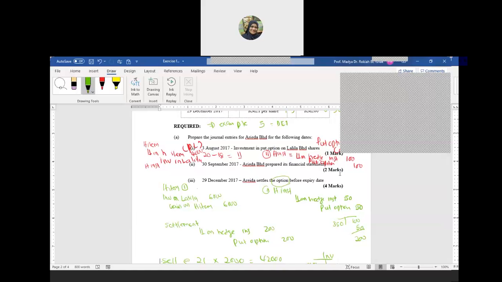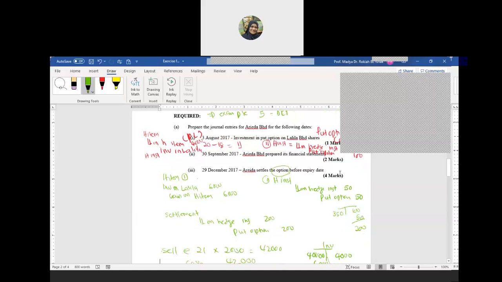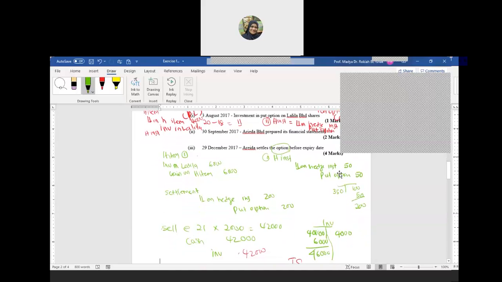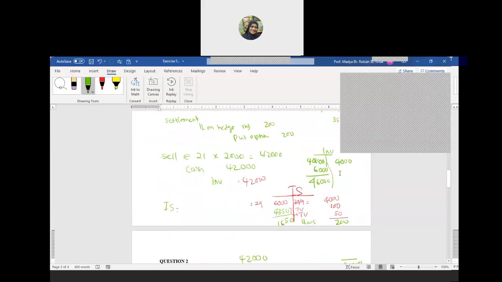And then on 29 December you have a gain of 600, and then you have a loss of 50. And then settlement for the put options, you have a loss of 20. Okay, that is what you have, a loss of 200.